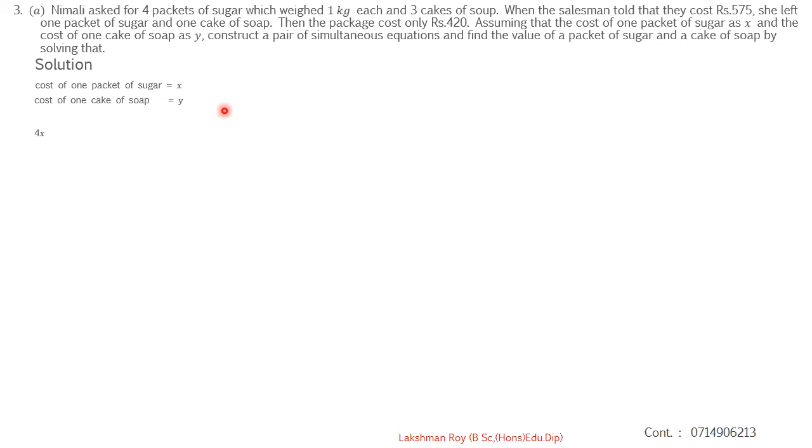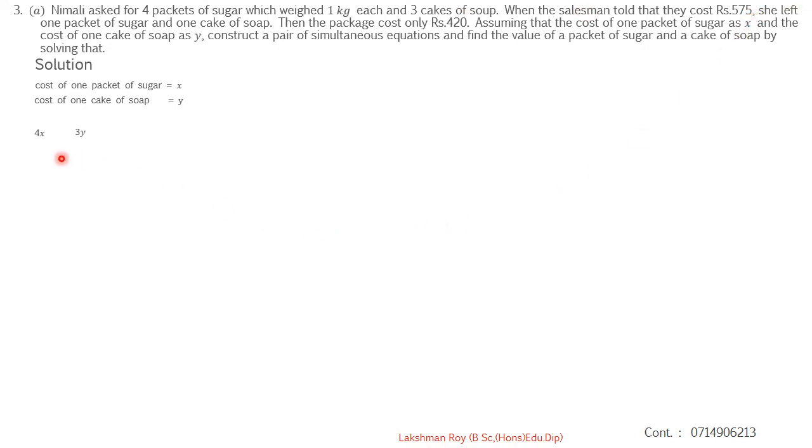In the same way, write the price of 3 cakes of chalk. Here we have taken 1 cake of chalk as Y rupees. Then we have to write the price of 3 cakes of chalk. 1 is Y rupees, so 3 cakes of chalk is 3Y. Now the salesman told her the price of those two is 575 rupees.